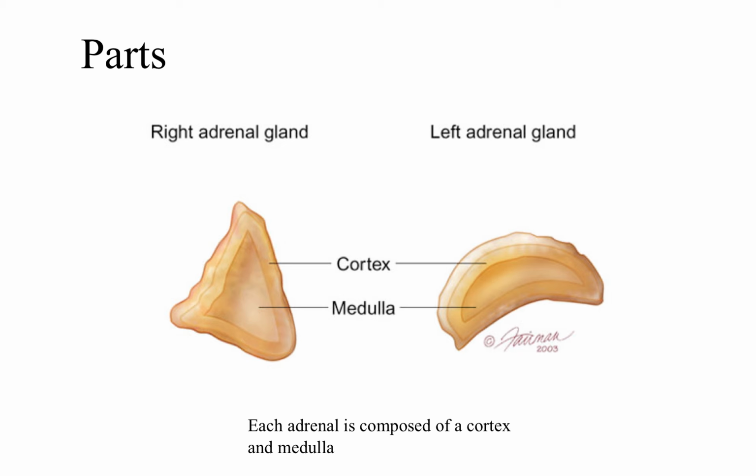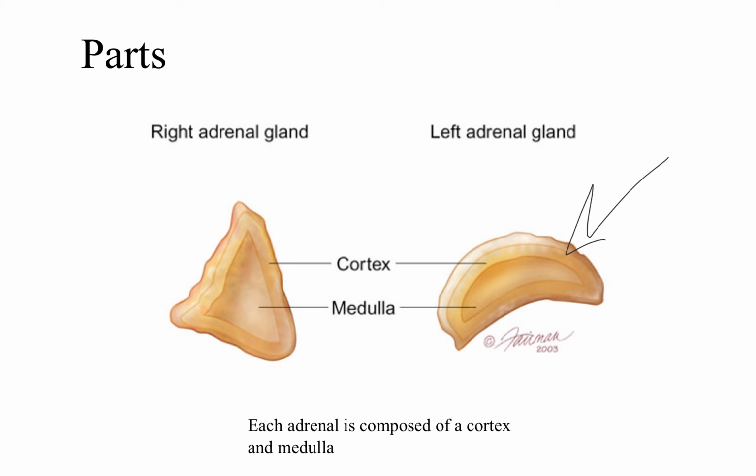And even though there's two, within each one of the adrenal glands, there's technically two distinct organs. Each part of the adrenal gland, the cortex and the medulla, say it however you would choose, is its own distinct organ. The cortex is associated with its own products, and then the medulla is associated with its own.